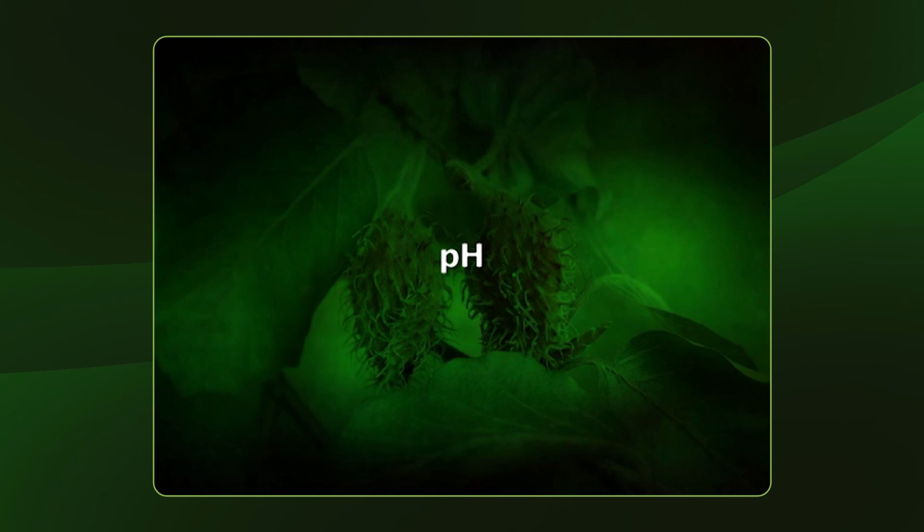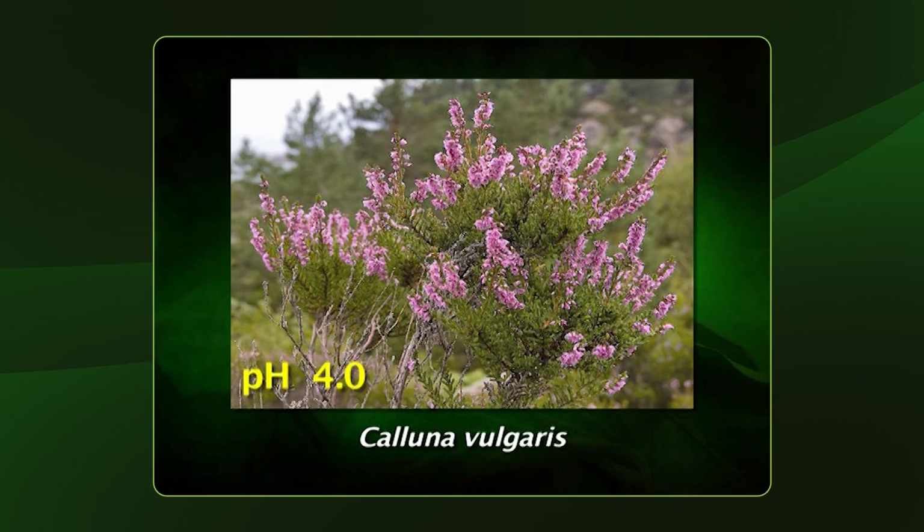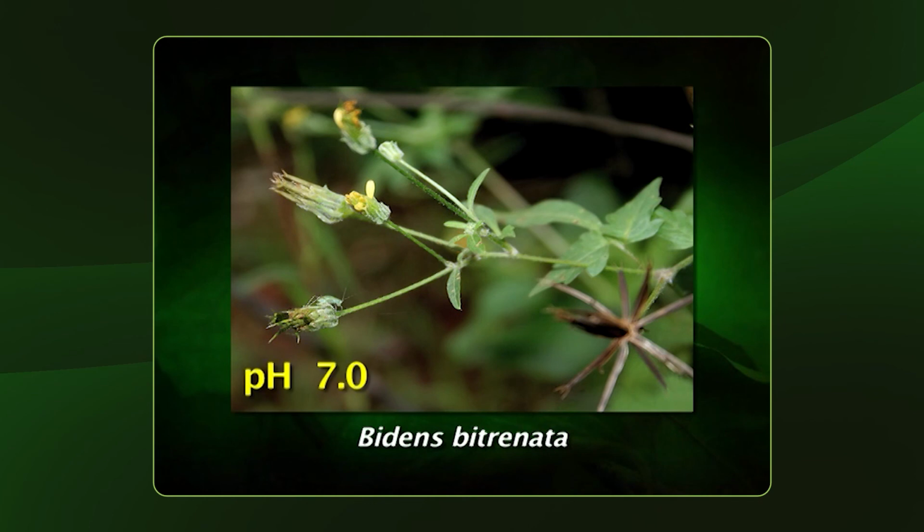Next factor influencing seed germination is pH. Seeds of many plant species germinate at a wide range of soil pH. Many others, however, have a specific pH requirement. For example, the optimum pH for germination of Calluna vulgaris is 4, but it's 7 for Bryonia bitrinata.